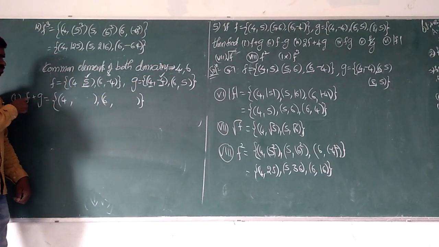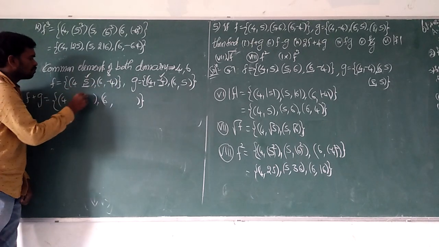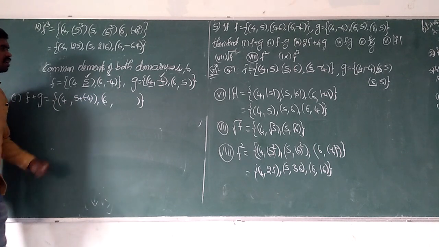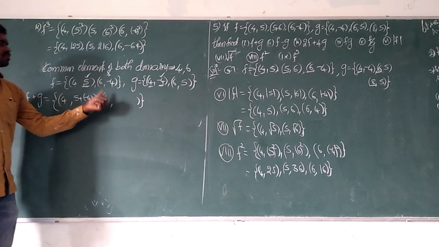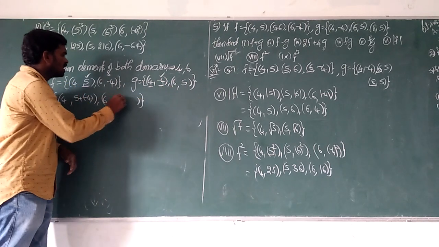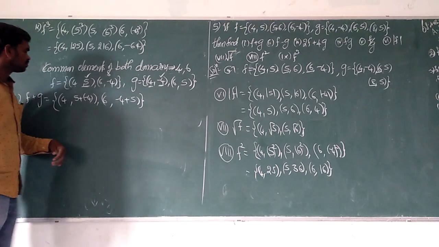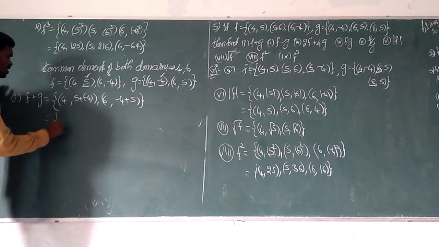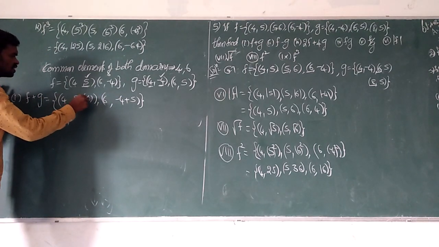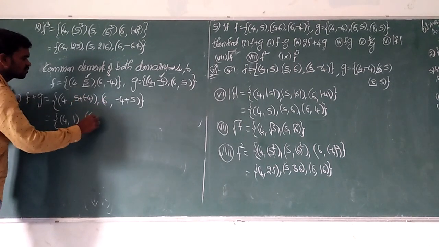Adding, because it is f plus g. Means 5 plus minus 4. Similarly, for 6, here minus 4 and here 5. So minus 4 and 5, adding, since plus is there. So the set is 4 comma 5 minus 4, which is 1, and 6 comma 5 minus 4, which is 1.